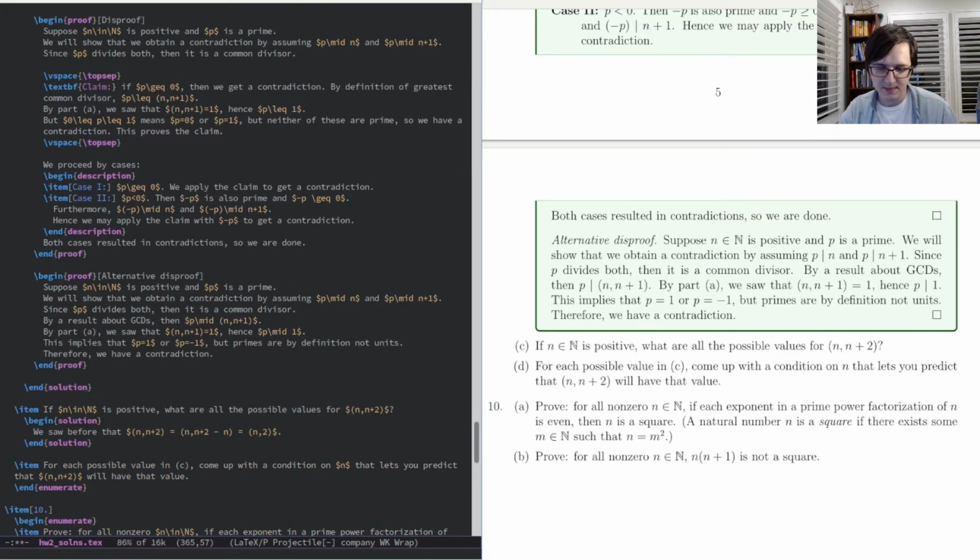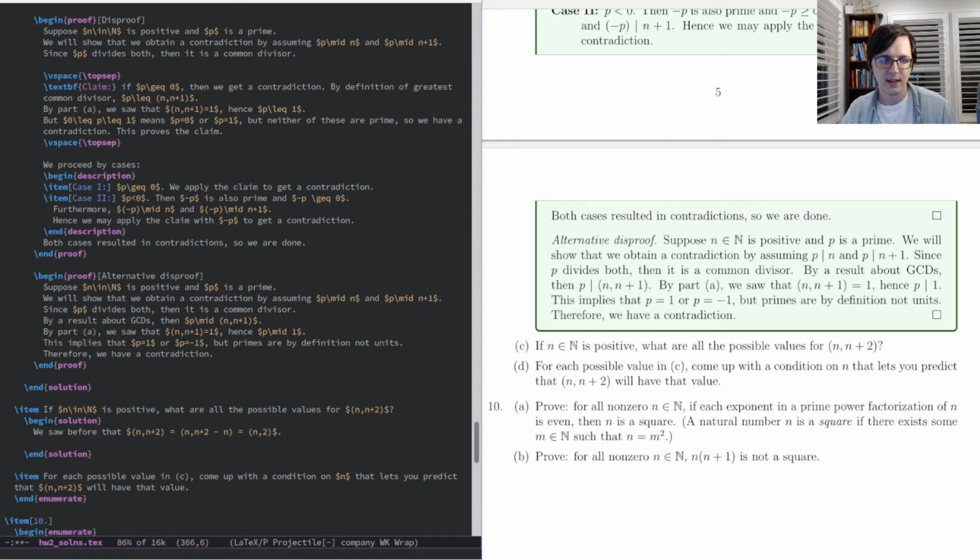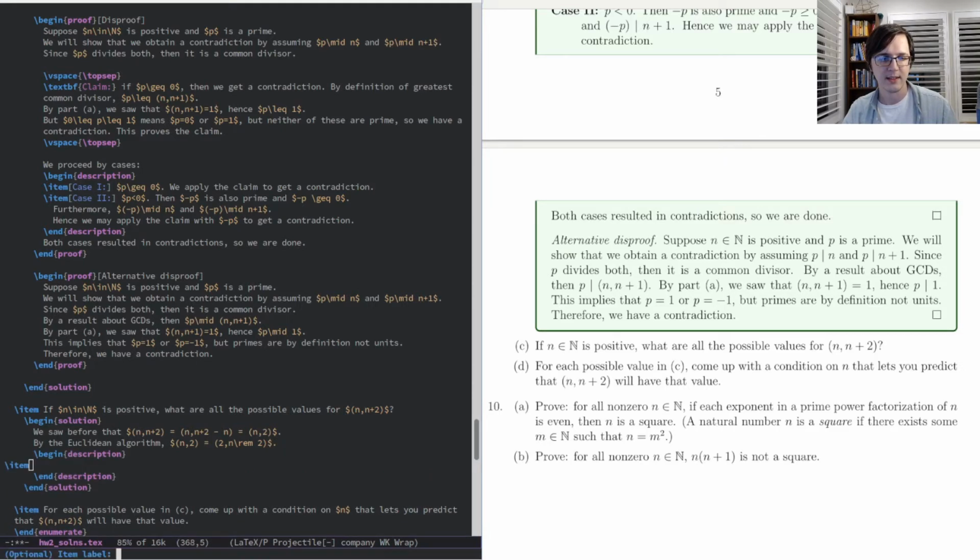So, by the Euclidean algorithm, the GCD of n and 2 is 2 if n mod 2 is 0, and so on. So let's look at two cases, the two possible values of n mod 2.